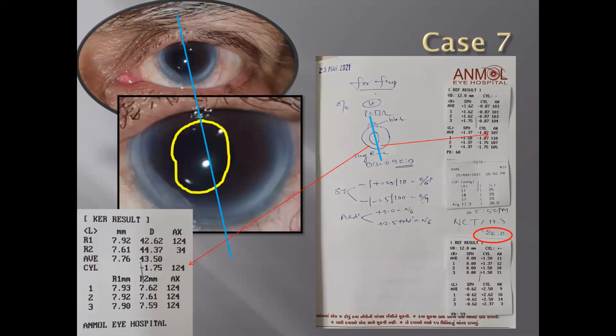And this is a case of a slightly distorted pupil. The patient was operated for glaucoma surgery.